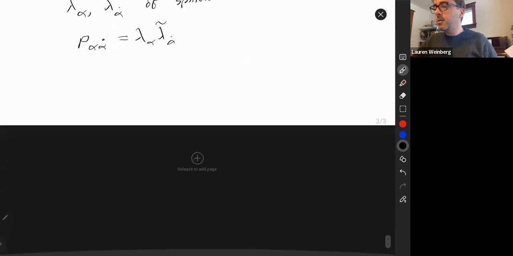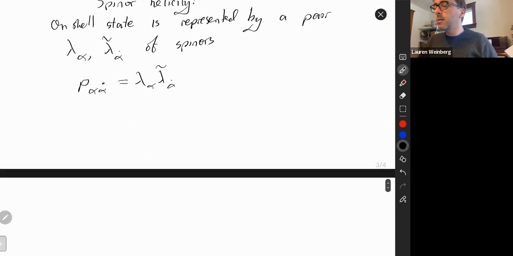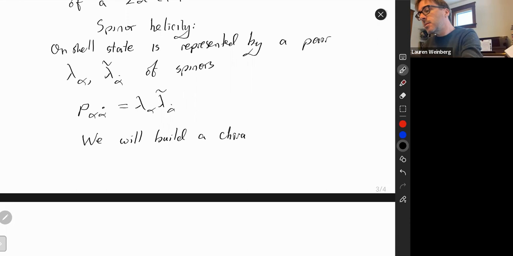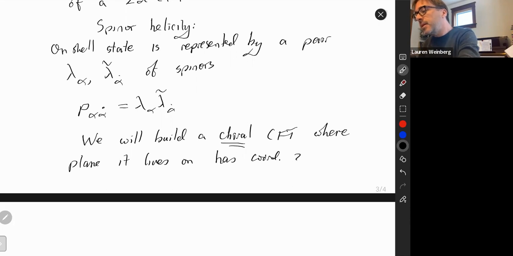Let's see what's next. What we want to do is build a chiral CFT, really a chiral algebra, where the plane it lives on has coordinate z, and one of the spinors, these are two-component spinors, will be written as (1, z).